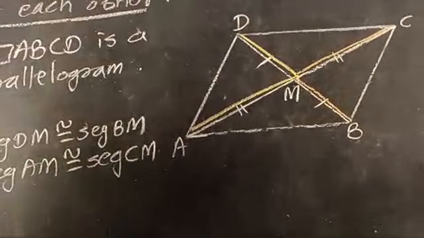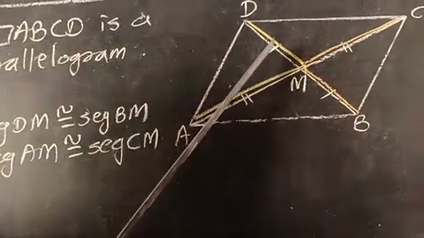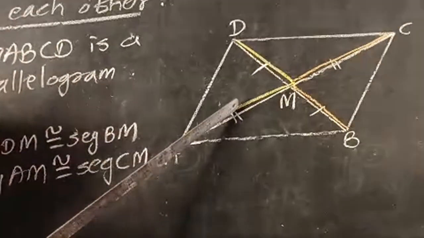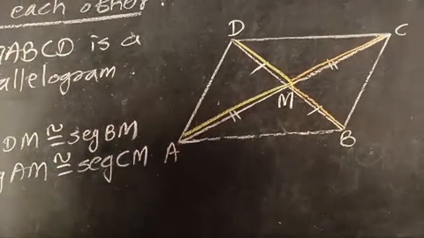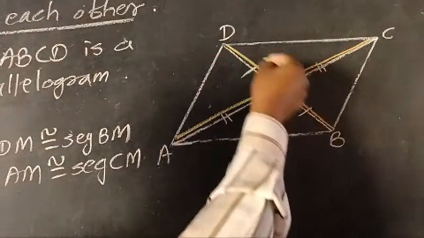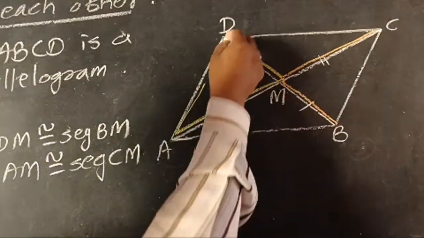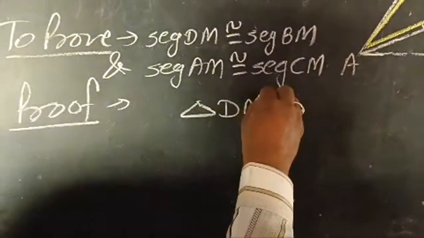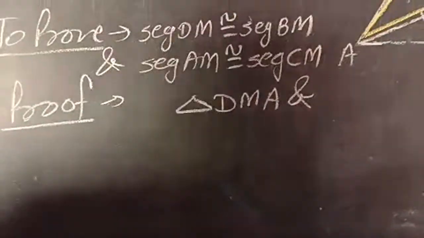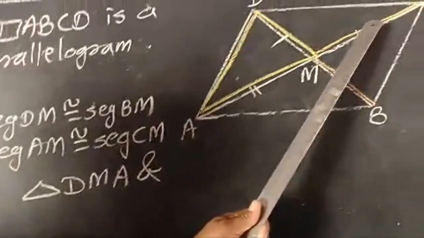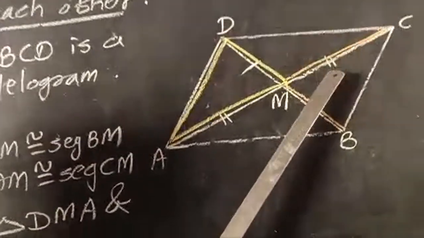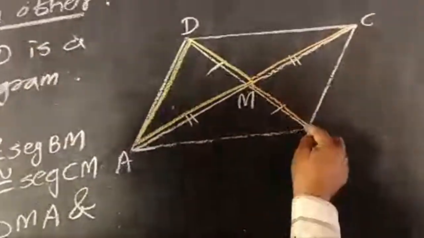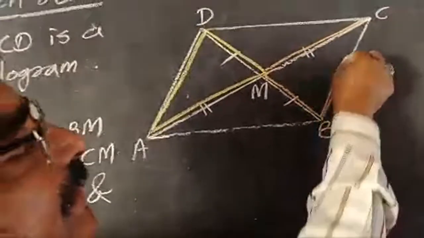Then tell the name of the triangle whose sides are yellow color. Triangle DMA, that is the correct triangle. And tell the name of the triangle whose sides are faint red color. Triangle BCM, that is also correct.